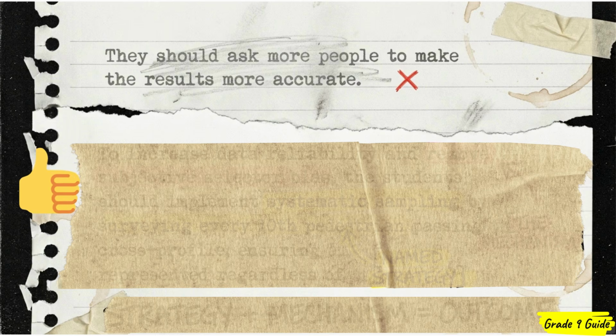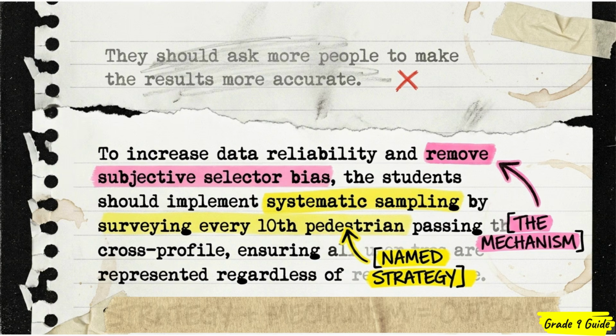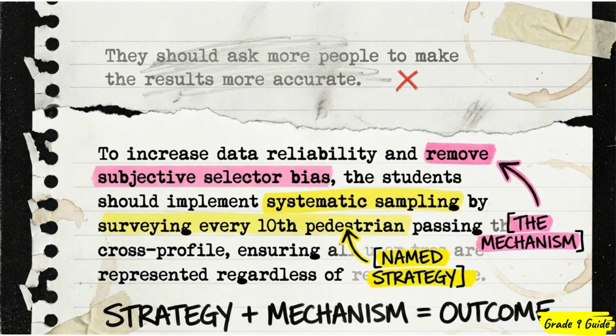Grade 9 answer: to increase data reliability and remove subjective selector bias, the students should implement systematic sampling by surveying every 10th pedestrian passing the cross-profile, ensuring all user types are represented regardless of researcher preference. The formula: name the strategy and how it removes bias equals outcome for data reliability.